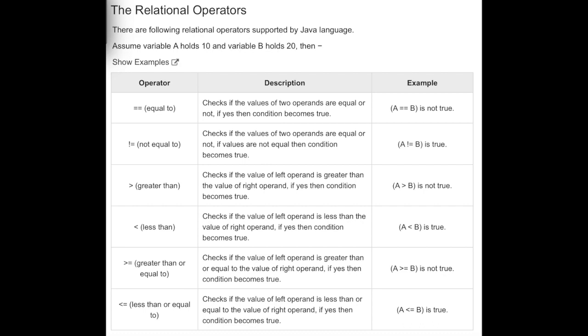And then there's the not equal to, the greater than, the less than, the greater than or equal to, and the less than or equal to. And all of these will be used a lot when you're writing loops and if statements and for statements. So we've used them a lot in arrays, and they're very important in the long run too.